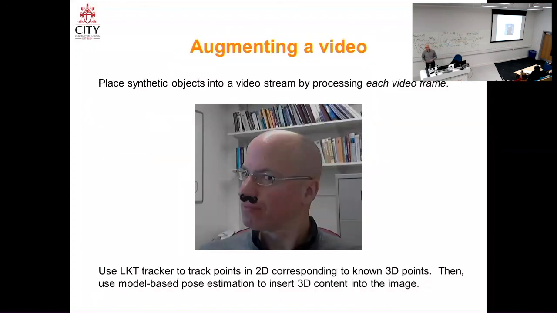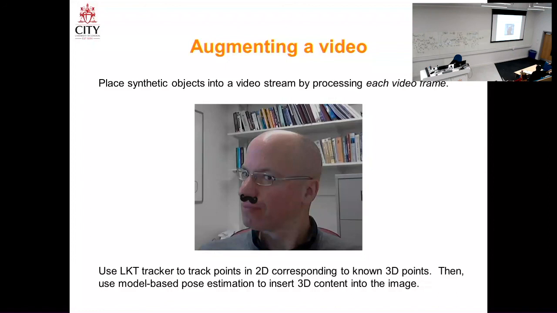Okay, so with these kinds of techniques, you can do all sorts of cool stuff. A couple of years ago in this module, one of the things we had students do was combine a point tracker with augmented reality. So sort of putting concepts from this lecture together with concepts from the last lecture. The way this worked was we actually used the tracker to track points in the video. But these were very special points.